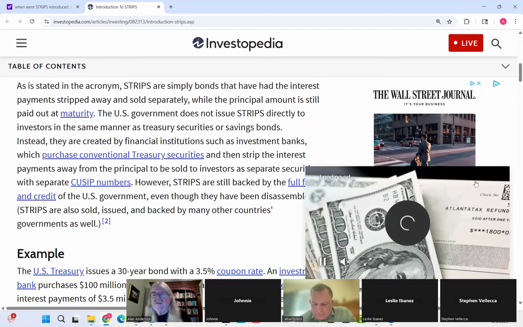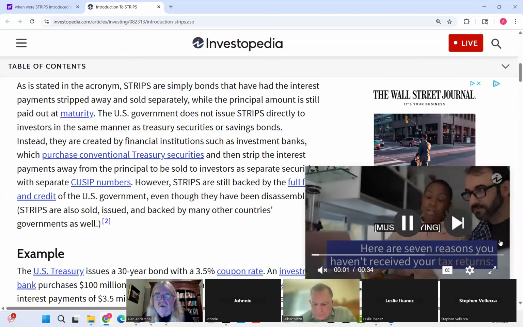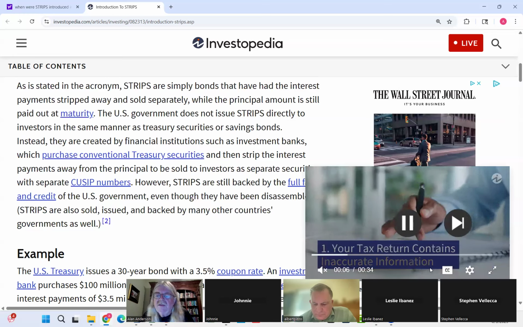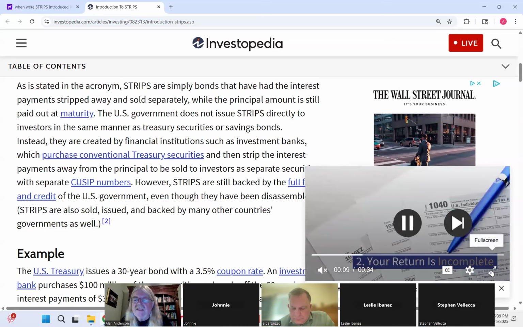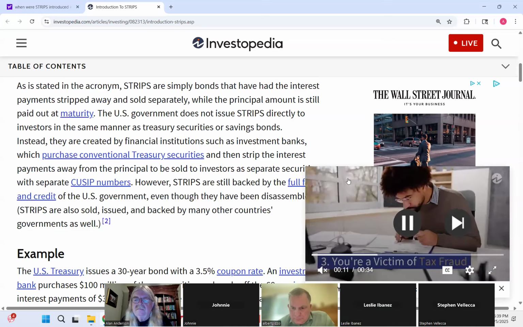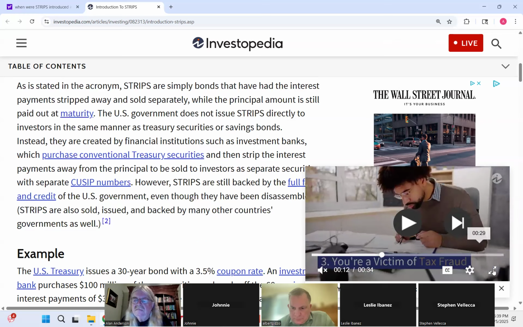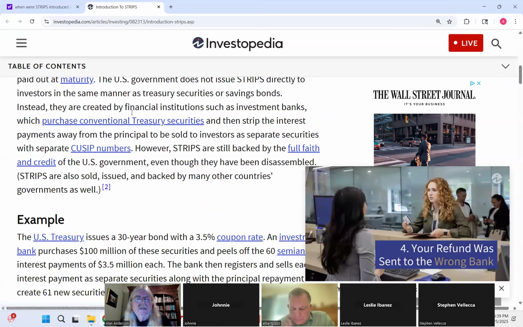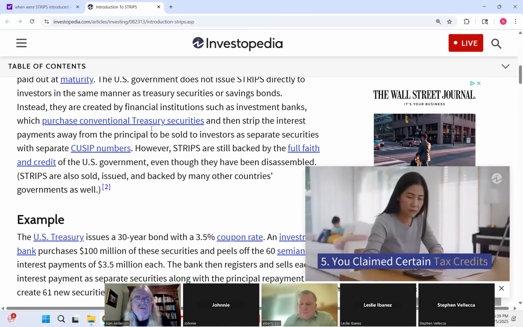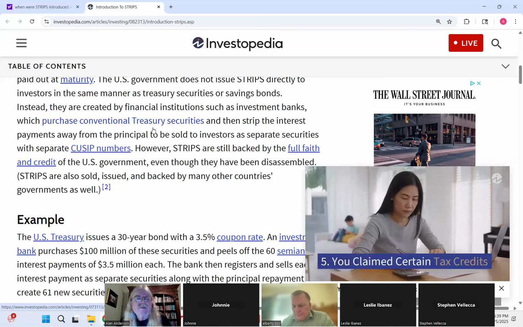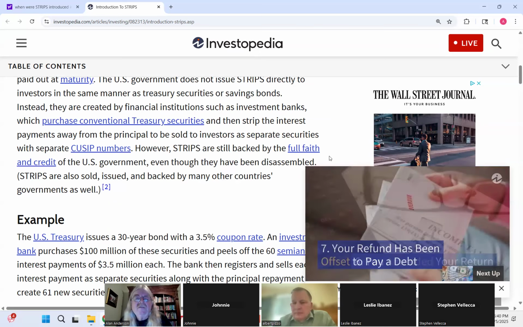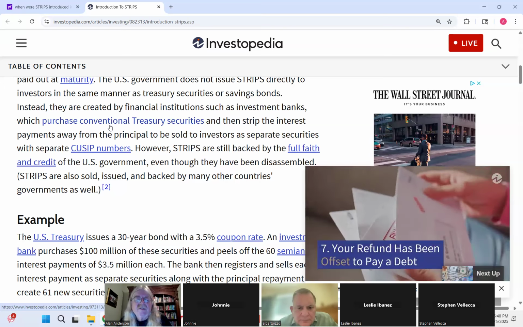They're created by financial institutions who are basically using their own inventories, who purchase conventional Treasury securities, then strip the interest payments away to be sold as separate securities. They're sold with the full faith and credit of the U.S. government, even though they're split up.